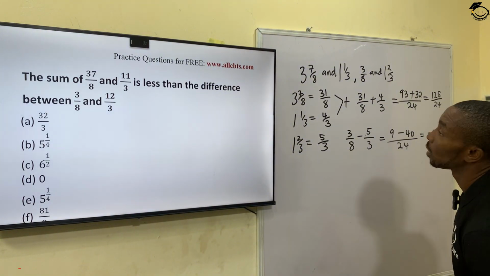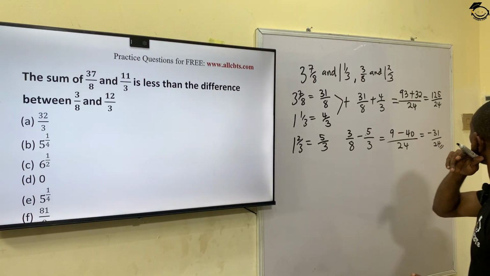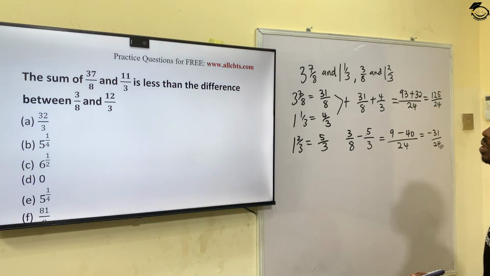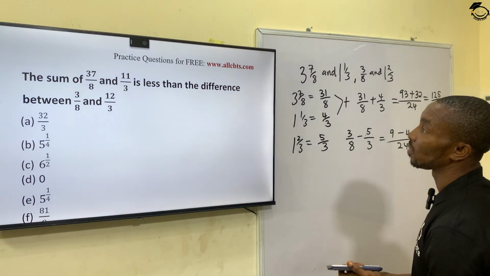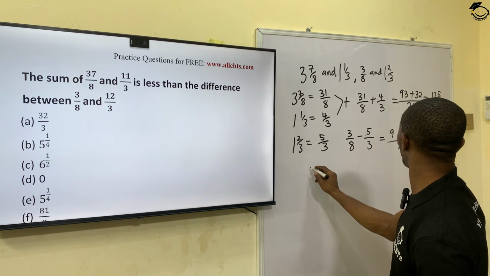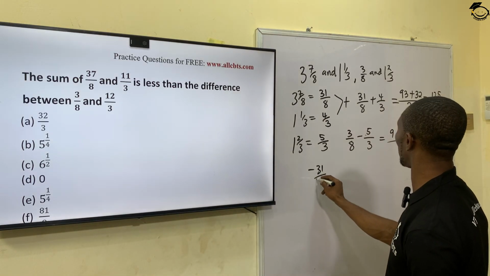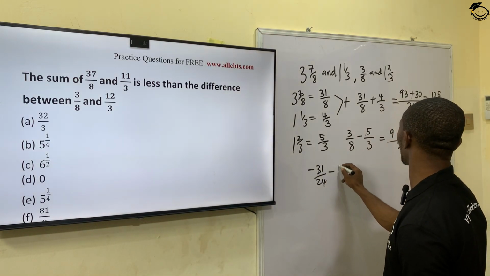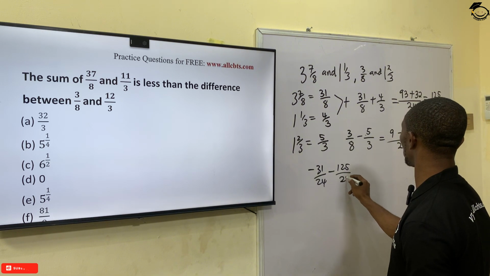Okay, so now bringing these two together, it says the sum of this and this is less than the difference between those and this. So we have minus 31/24 minus 125/24.